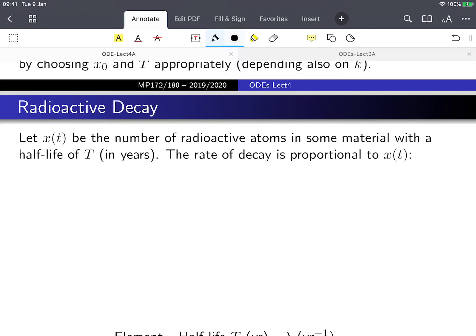So we're just going to write that rate of decay. That's going to be the rate of change of the quantity x, and it's proportional. Here it's traditional to call the proportionality constant lambda. Since it's decaying, I'm going to put minus lambda to make it obvious that it's going down, keeping lambda positive.